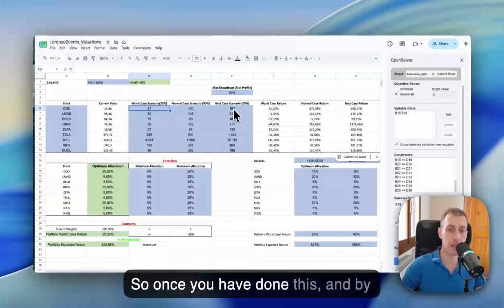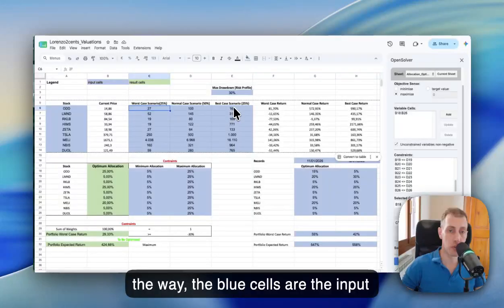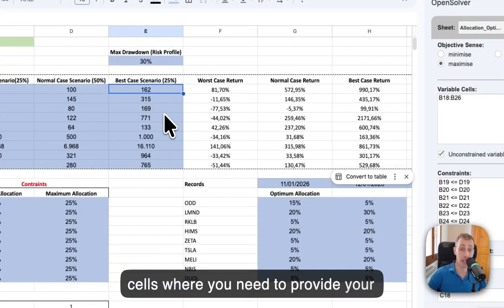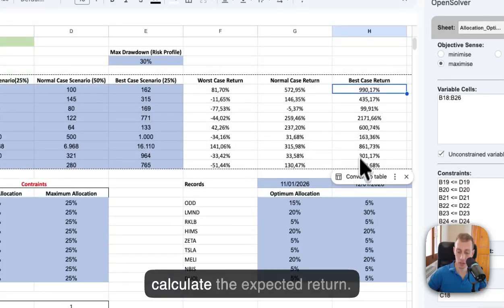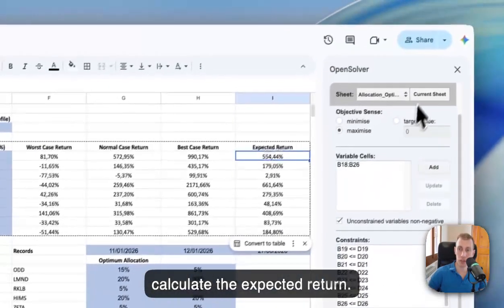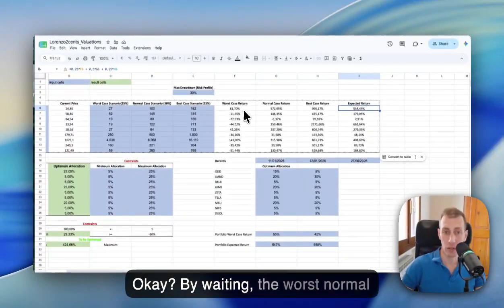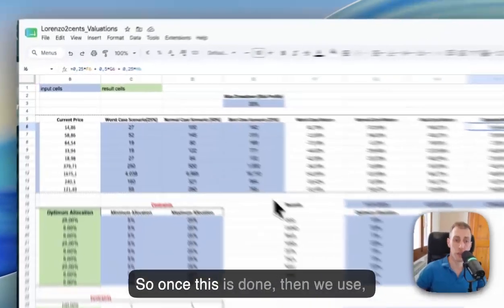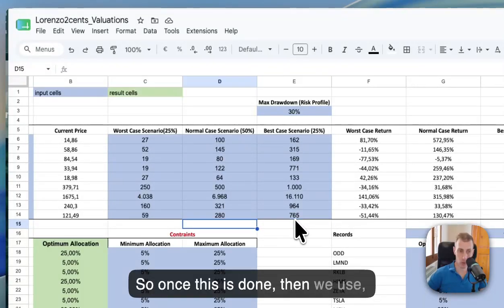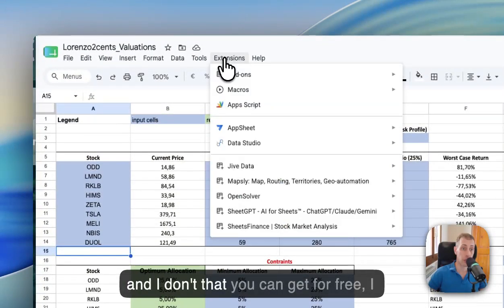Once you have done this, and by the way, the blue cells are the input cells where you need to provide your inputs, then the model automatically calculates the expected return, okay, by weighting the worst, normal, and best case return.